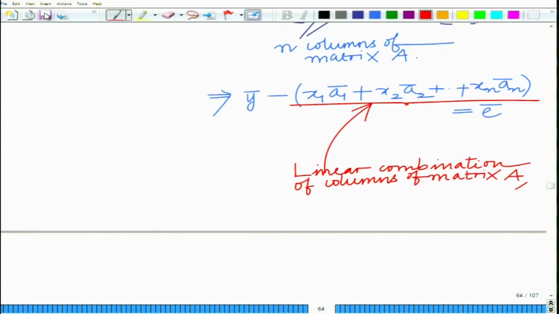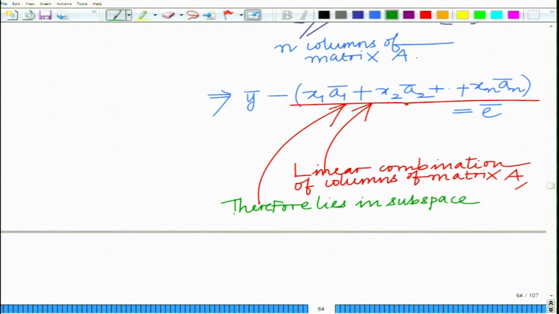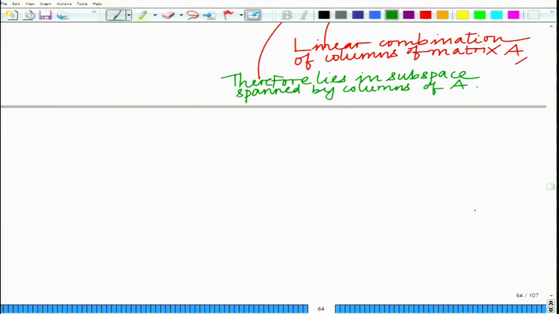So, which means therefore, this lies in the subspace spanned by columns of A.